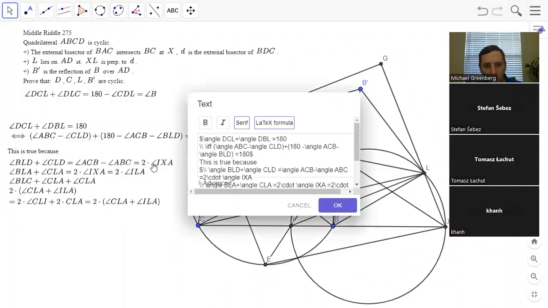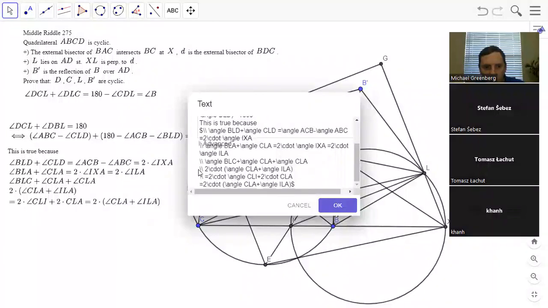Okay. Just like that. This is BLC equal ILA.